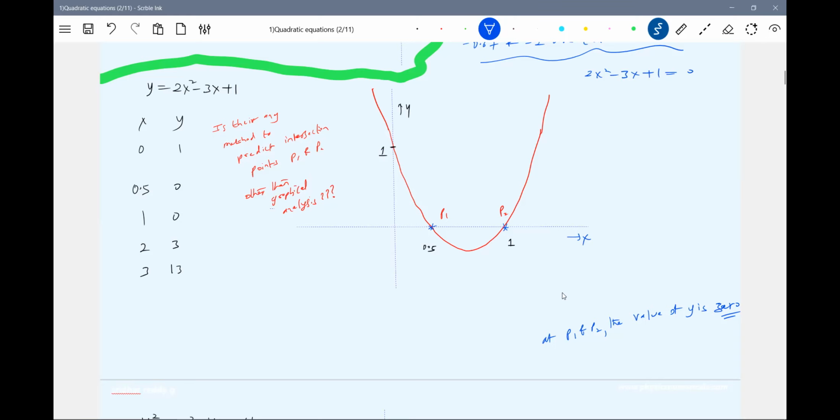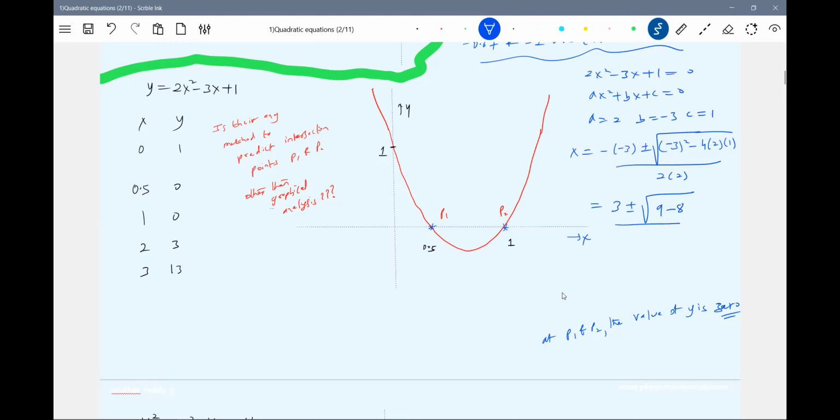Comparing this with the quadratic equation, a is 2, b is minus 3, c is 1. So let's find out the root. Minus of minus 3 plus or minus the square root of 3 square minus 4ac, 4 into 2 into 1, divided by 2 into 2. So this will become 3 plus or minus the square root of 9 minus 8 by 4, that is 3 plus or minus 1 by 4.